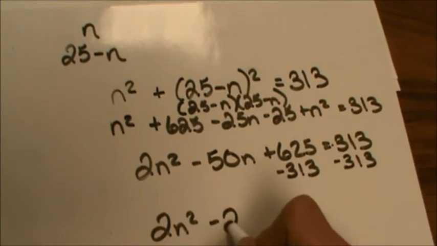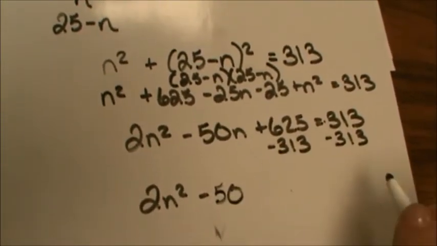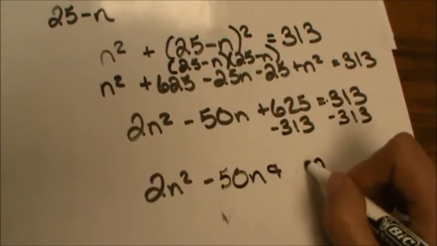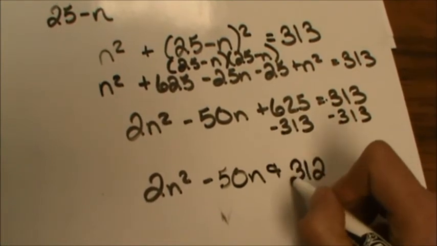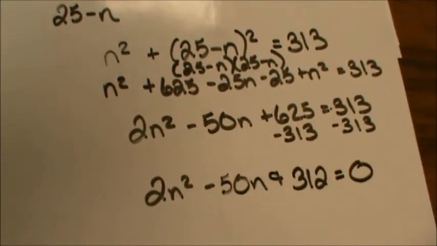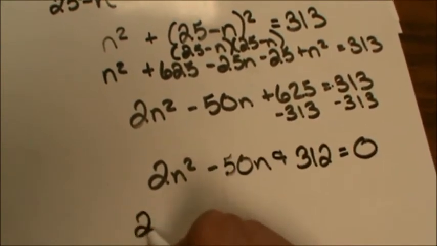2n squared minus 50n plus, what is this? Now, in order to factor this, I'm going to first take out the common factor.